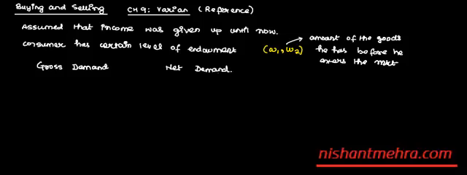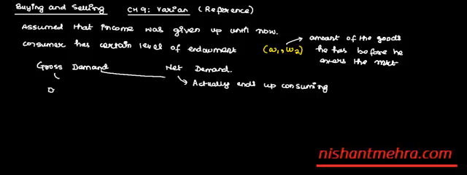Your gross demand is the amount of the good the consumer actually ends up consuming. This is the definition of gross demand.